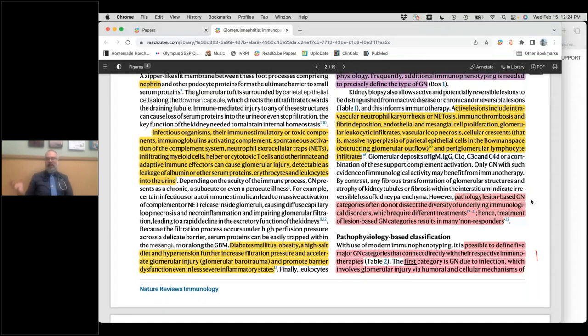And this is so classic. How many GN patients do we have that we put on pred and mycophenolate and they don't get better? Is that because their disease is too advanced? Sure, plenty of times. Is it because we're not targeting the correct immunologic pathway? I think absolutely. And do we need to try a different drug?